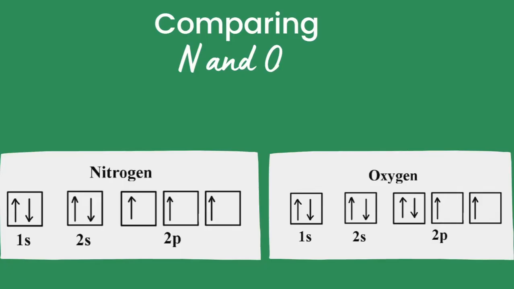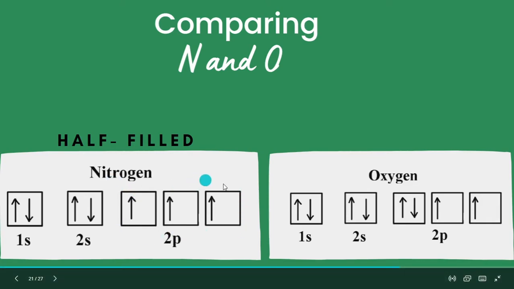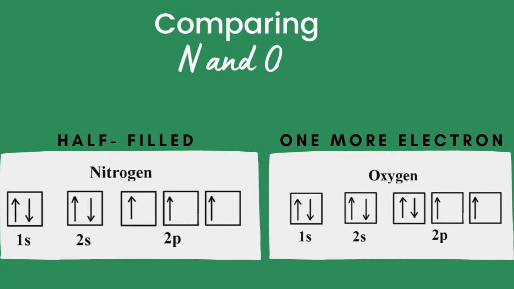Comparing the two, we can see that nitrogen has half-filled valence p orbitals, and oxygen has one more electron in its valence p orbital.